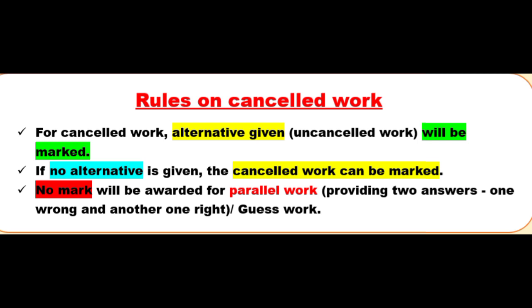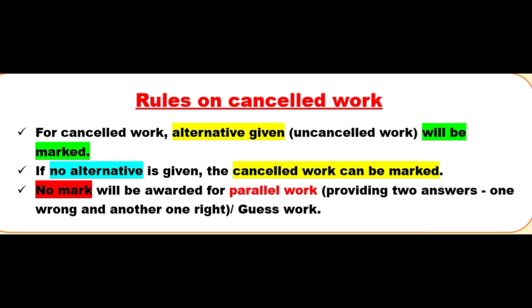One is cancelled, one is not cancelled. The one which is not cancelled will be marked. But if you have not provided an alternative, let's say you have done some work here and cancelled, but you do not give an alternative solution, then it means the cancelled work will be marked.